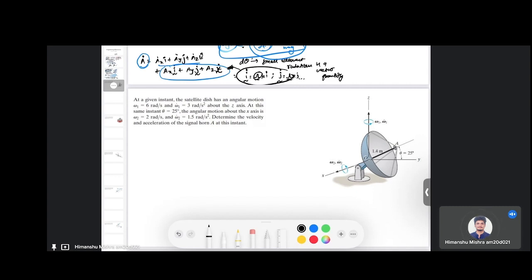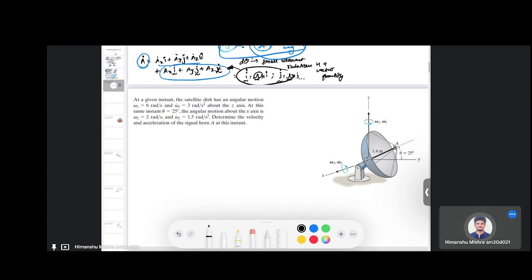At this same instant theta equals 25 degrees, the angular motion about the x axis is omega 2 rad per second and omega dot 2 equals 1.5 rad per second squared. Determine the velocity and acceleration of signal horn A at this instant.